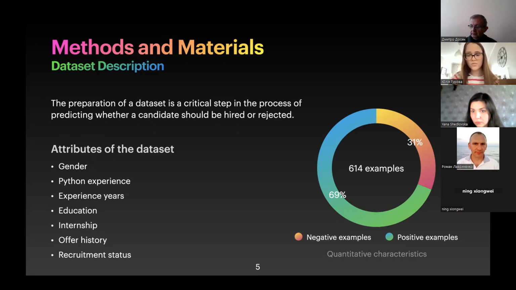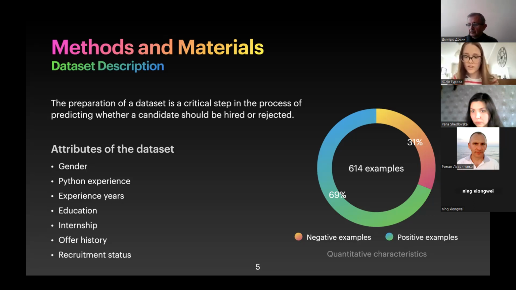The data set used for the experiment includes information about the candidates such as gender, work experience, education, internship score, salary, offer history, location, and recruitment status. The result attribute of our prediction is recruitment status.